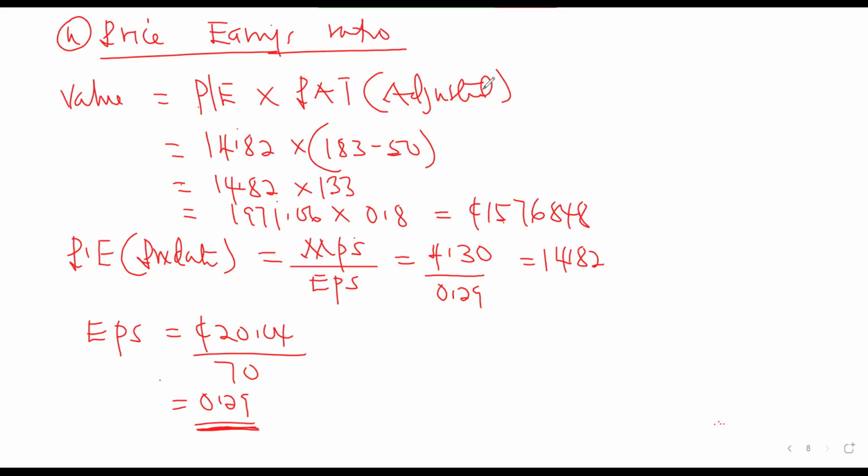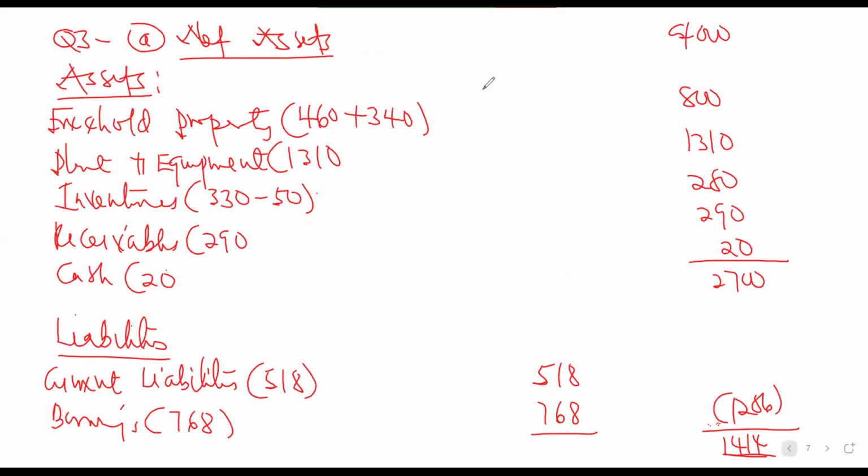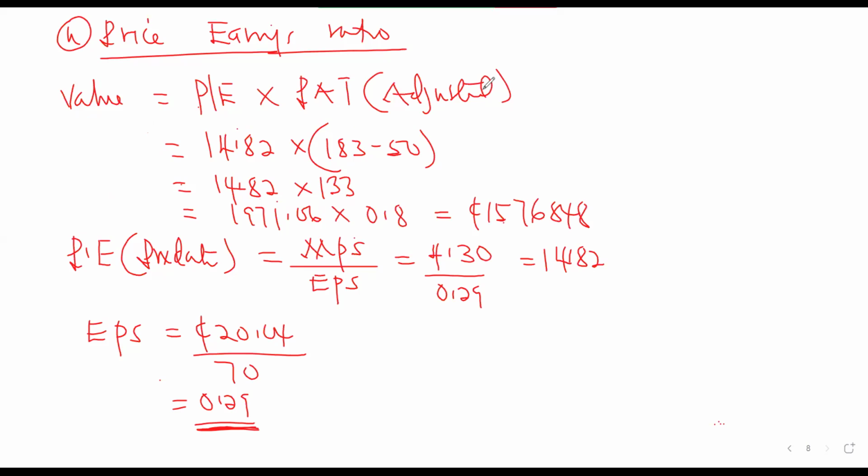The figures are in 3 zeros, so we add 3 zeros here. That will be 1,576,848. So we can use the price earning ratio.